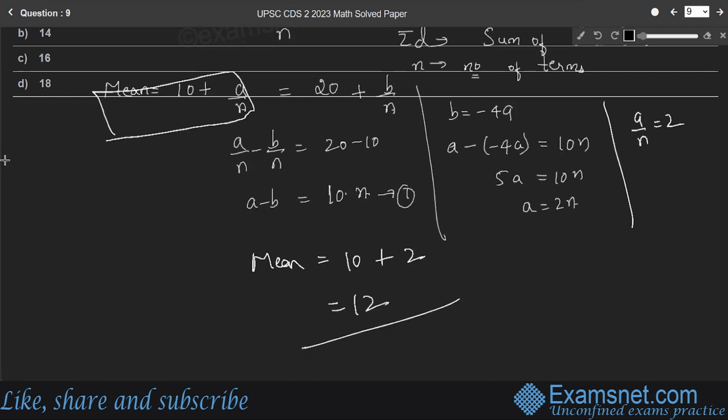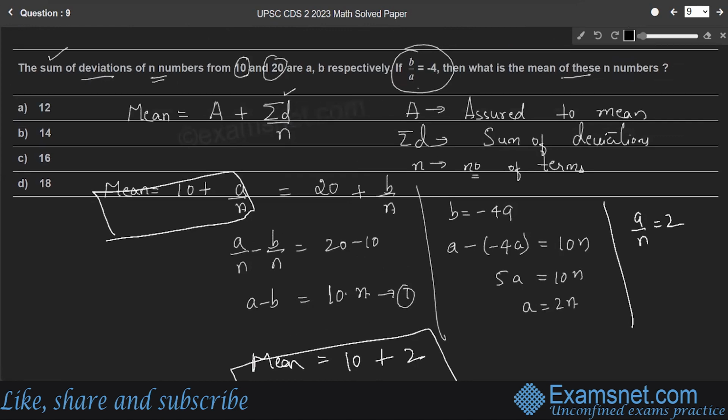Therefore, 12 is the mean of the given n numbers, right? So assumed mean plus sigma d by n. Assumed mean is 10. Sigma d by n is nothing but small a by n, which is 2. Hence it is 12. Option A is the right answer. Mean of n numbers is option A, 12.